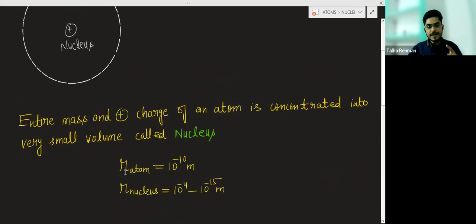You can see here the radius of the atom. When you calculate the radius of the atom, it will come out to be 10 to the power minus 10 meter.